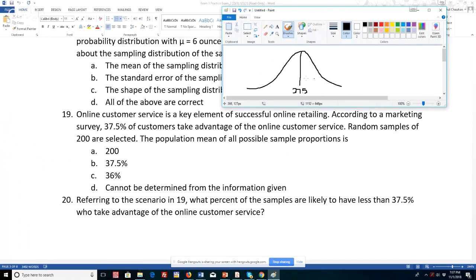Well, it's going to be this half of the distribution, right? And we know that that is equal to 50%.